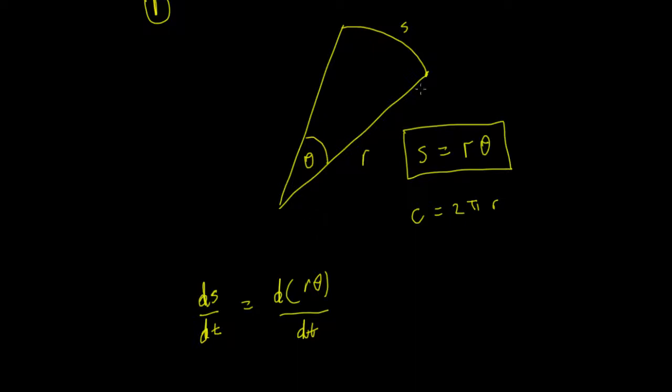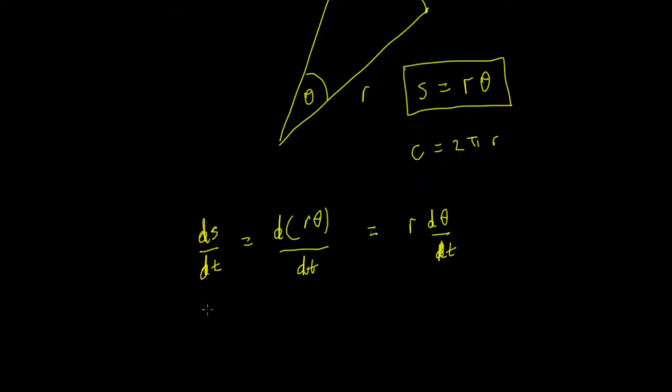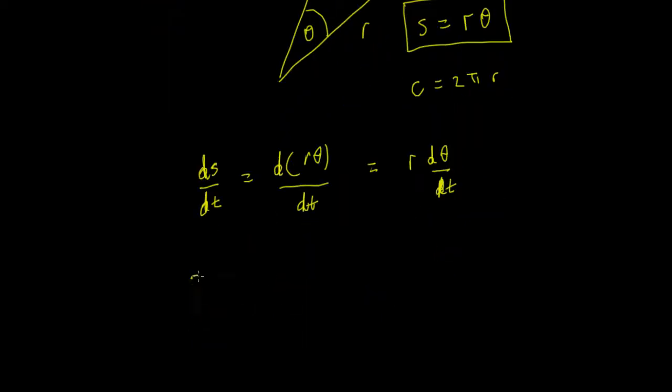If r had a dependency on t, then as this turned round the value would change, like a spiral going out and getting bigger. But it hasn't, so we can take r out and we're left with d theta by dt. So now we have the little equation ds by dt equals r d theta by dt, and these are two different things here.